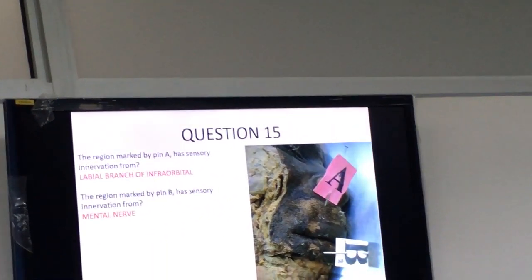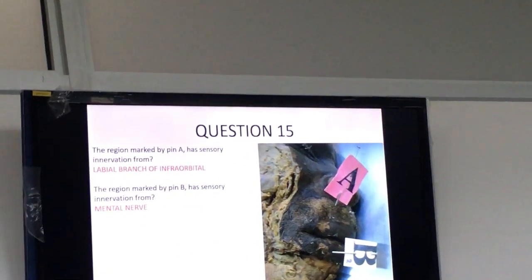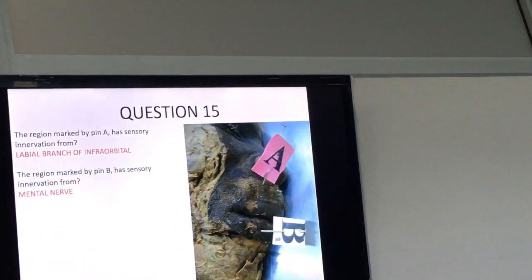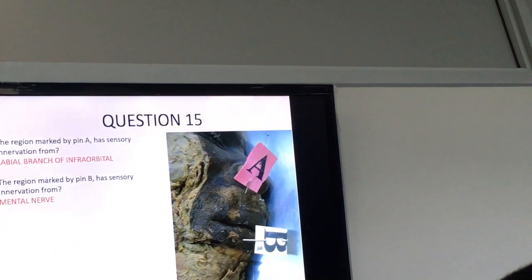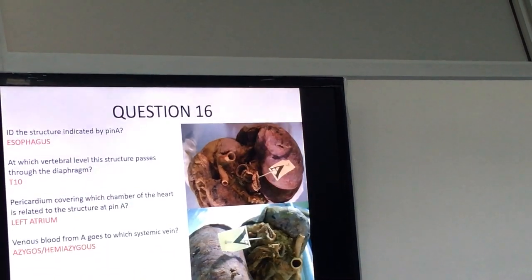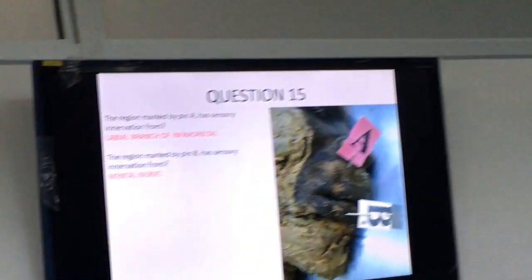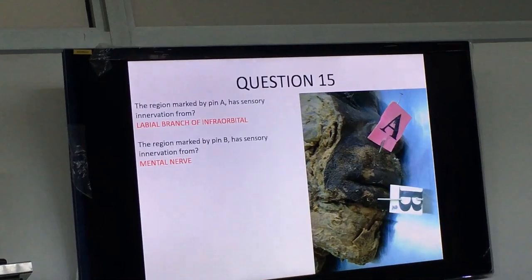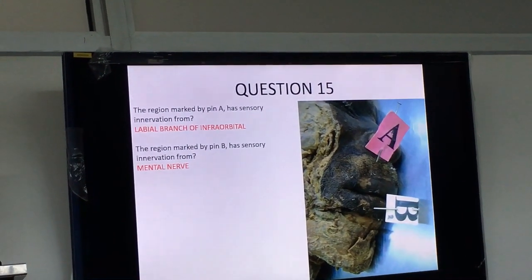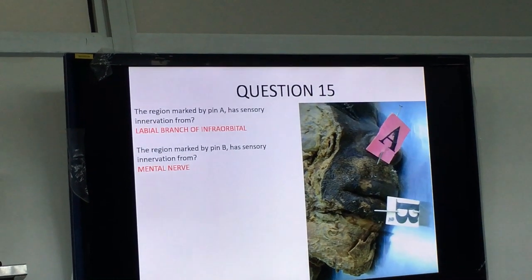So what about the motor supply to the muscle that lies deep to either of those pins? The facial nerve. Very good. Remember the muscle, orbicularis oculi, I mean oris, sorry.